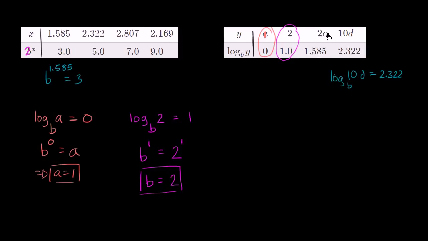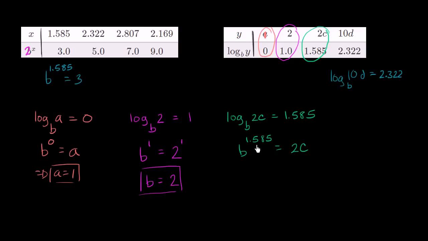So let's look at this column. Let's see what this column is telling us. We could read it as log base b of 2c is equal to 1.585. Or if we write in exponential form, b to the 1.585 is equal to 2c.